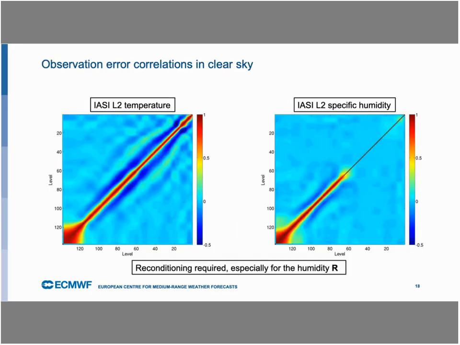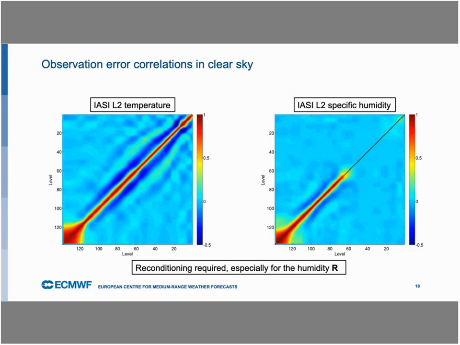And with the de Rosier method, we have also derived the observation error correlations. And these are the error correlations in clear sky conditions on the left-hand side for temperature and on the right-hand side for humidity. And you can see that especially at low levels, the correlations are quite strong in vertical.